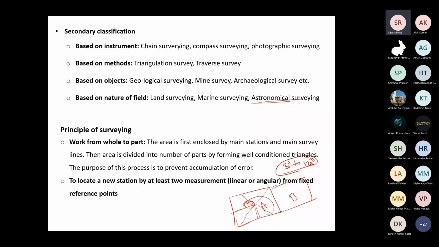So for a point, if we want to know its exact location, we will use some reference like a tree or a pond nearby, and then we locate that point. Okay, but what is the meaning of new station? Sir, the points which are making the well-conditioned triangle.